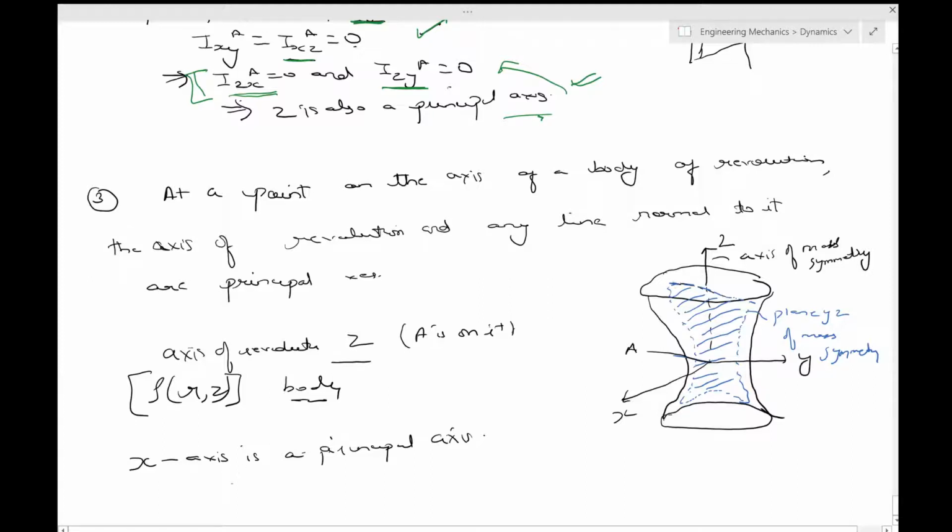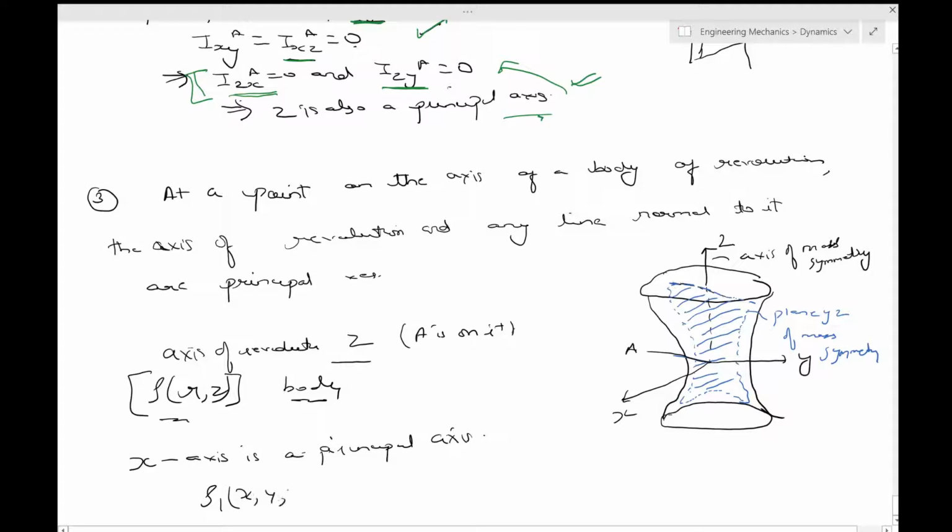So this means that rho, let's call it rho 1, because rho we have already written as something else.